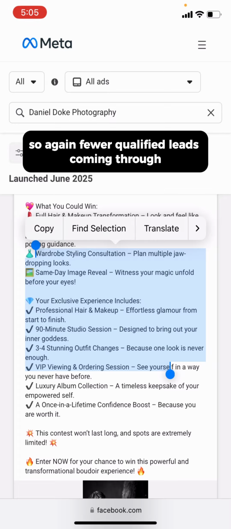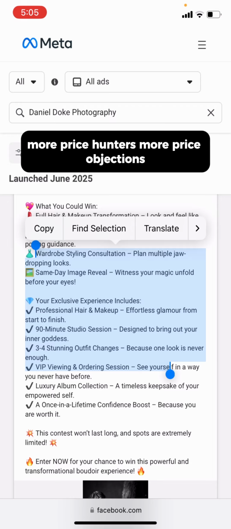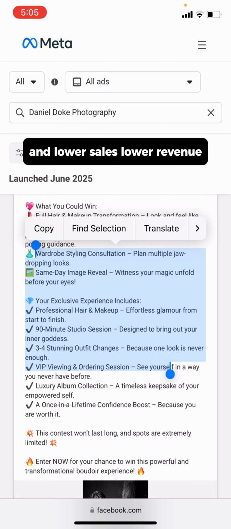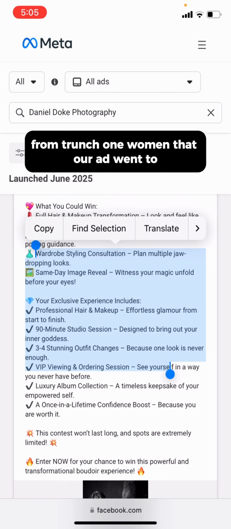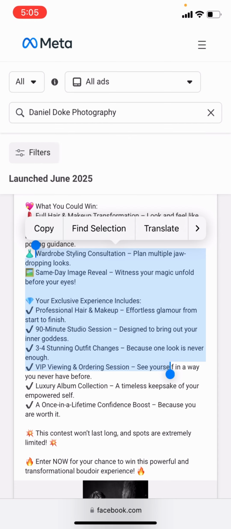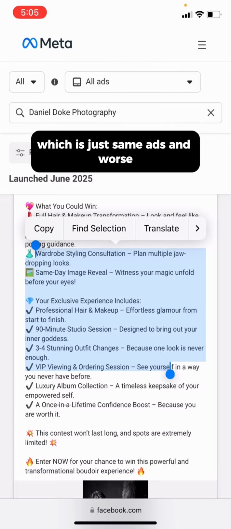So again, fewer qualified leads, fewer qualified appointments, which means more ghosting, more price hunters, more price objections, more time wasters, more tire kickers, and lower sales, lower revenue, fewer conversions, lower ROAS from the tranche 1 women our ad went to. All of it feeds back into the Meta ad algorithm, and our ads go to worse and worse Meta profiles over time. We've entered the downward spiral of despair, which is just the same ads and worse and worse results over time.